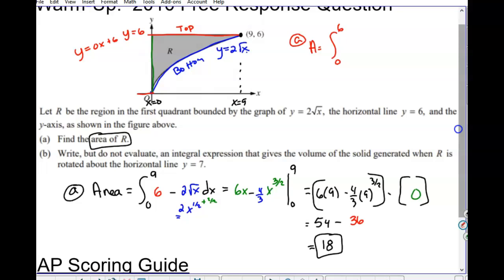And then I only have the blue function, but it has to be written in terms of y. So I'd have to solve this expression for y. So I'd get 1/2 y equals the square root of x, and then I would square each term, so I would get 1/4 y squared equals x.